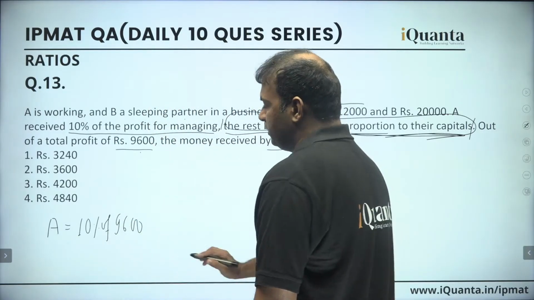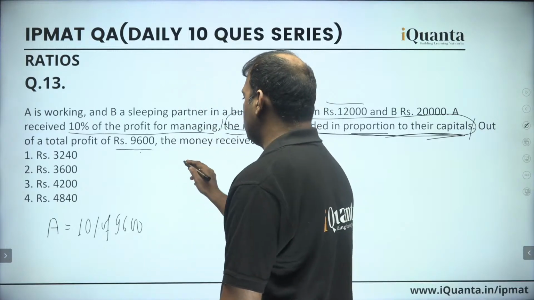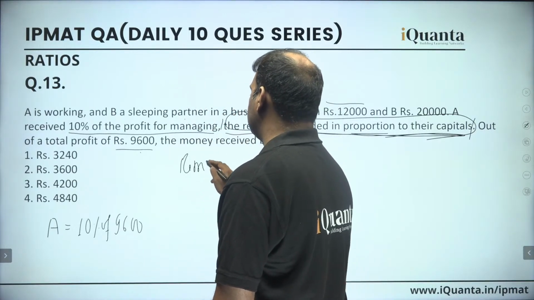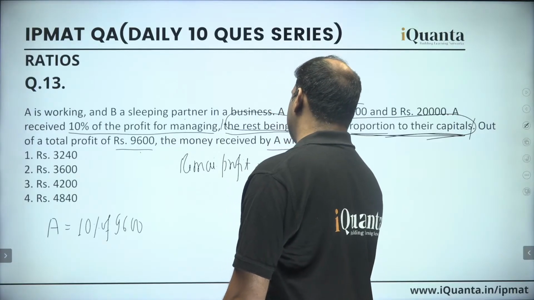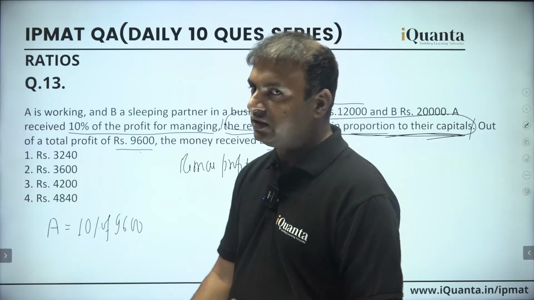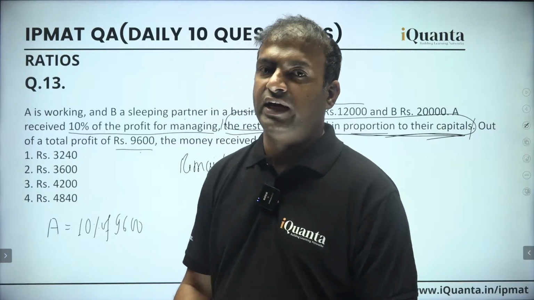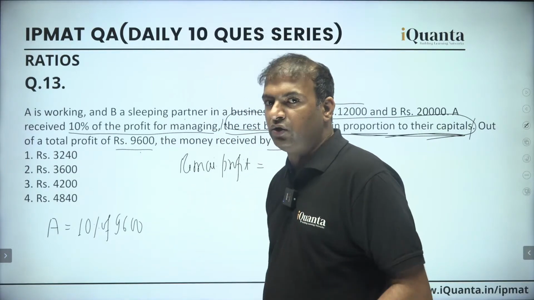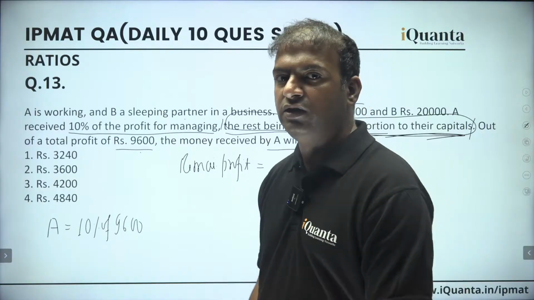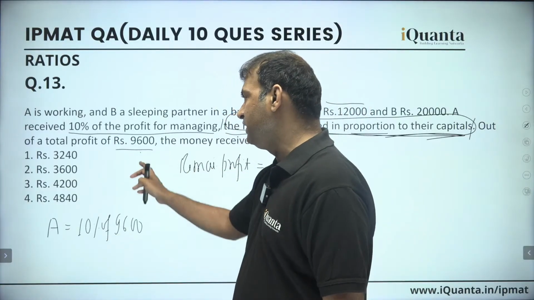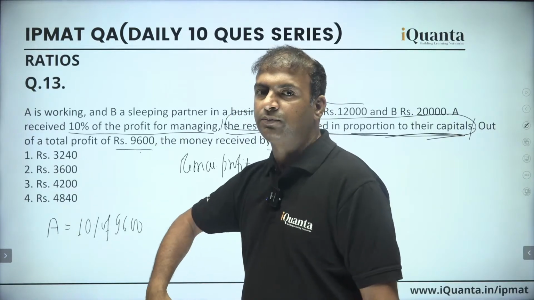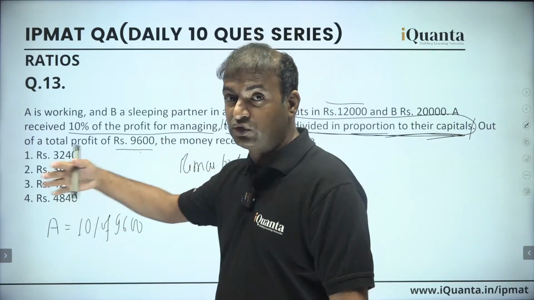Now guys, if A gets 10%, so what is the remaining profit? Let's write the remaining profit here. Either you can do some calculation, but guys, instead of doing the calculation, I'll suggest you to write the values in the fraction form, right? Because the calculation is not as simple, right? 9600, you do the subtraction of 10% of this, which is 960.